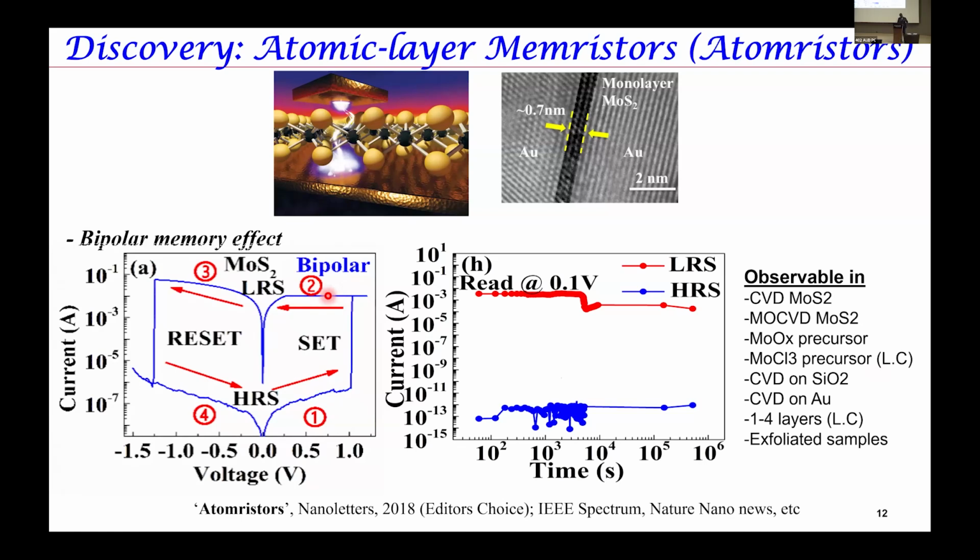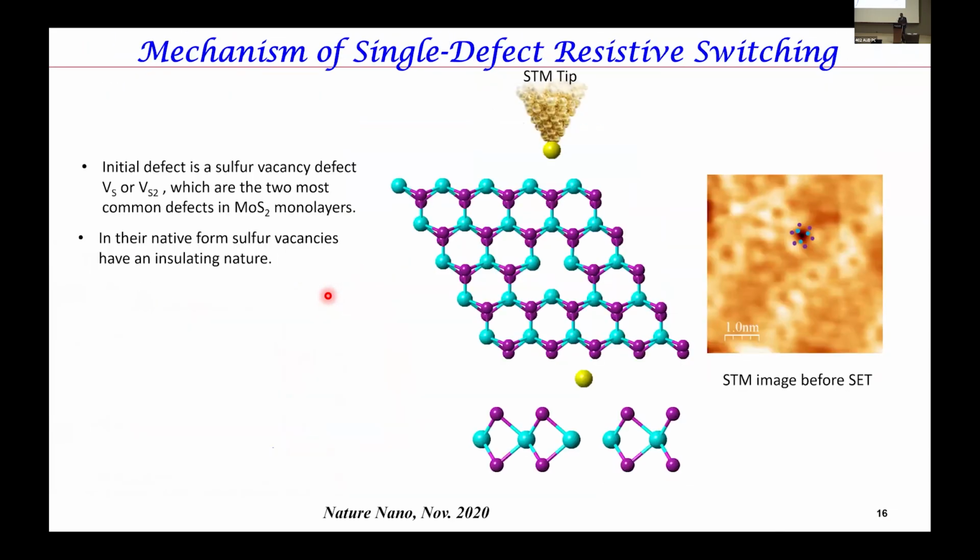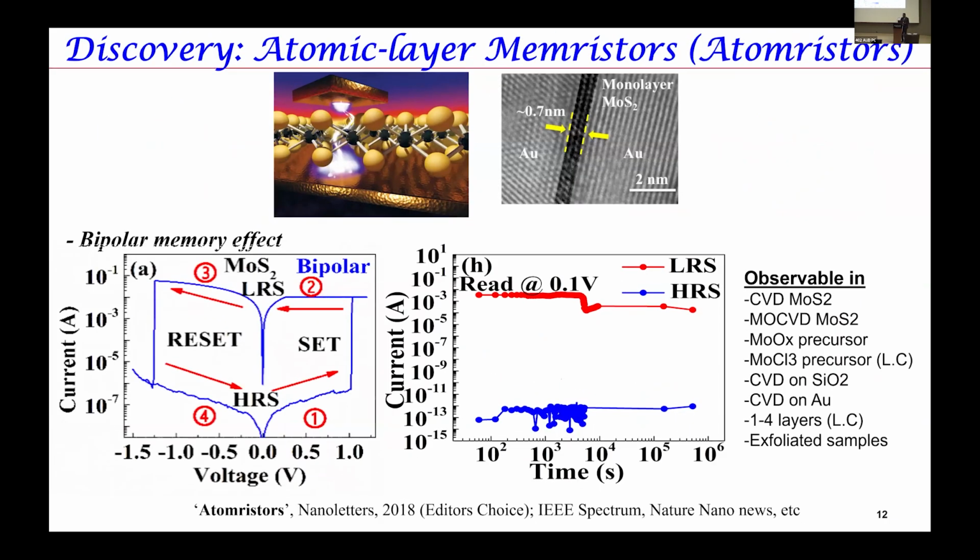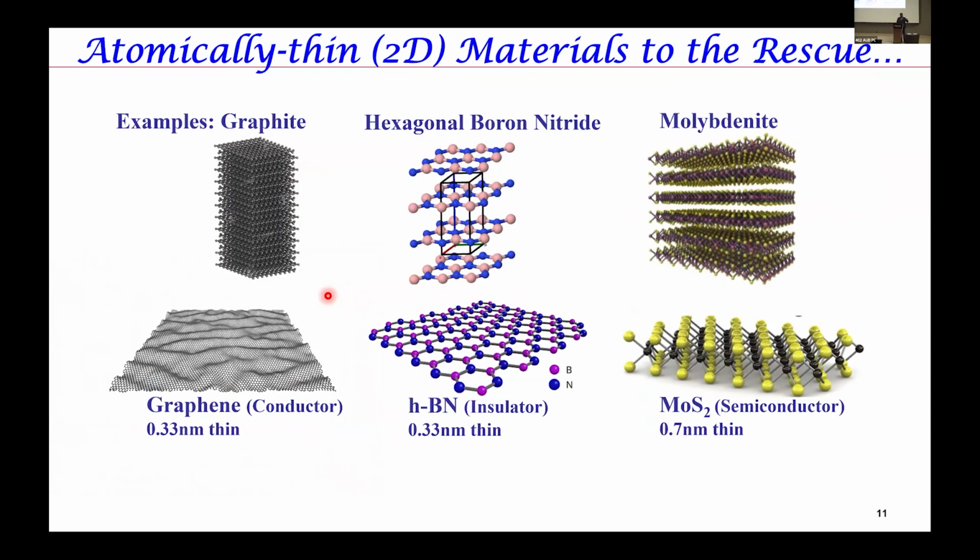Because if you don't have a compliance current, you go from resistance switching physics to breakdown physics. The material breaks down. How many of these vacancies are so-called activated depends on how much current you've set as your compliance limit. If you set very, very low values, like I showed for the case of hBN, then you only have few defects. If you set very high values, then you have more and more of those vacancies occupied.